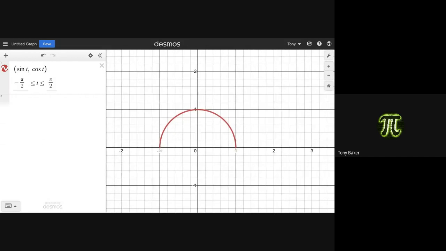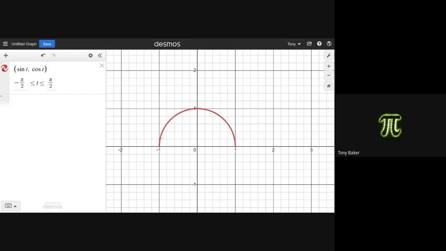Right there. And then it basically would have gone up and over to that. So that's what you would have gotten with it. If you had done it from -pi to pi, you'd have gotten a whole circle.